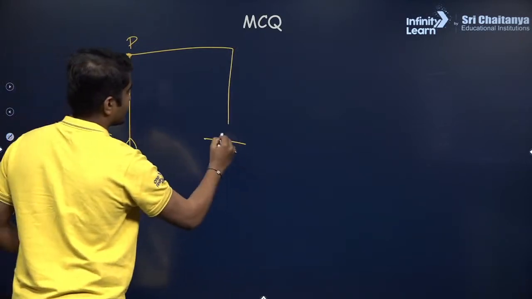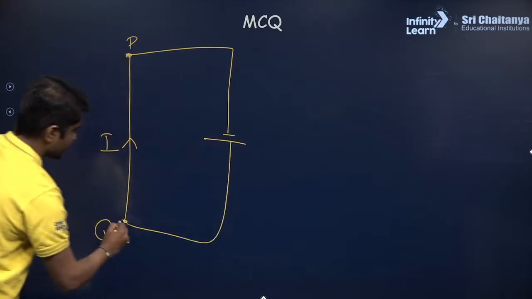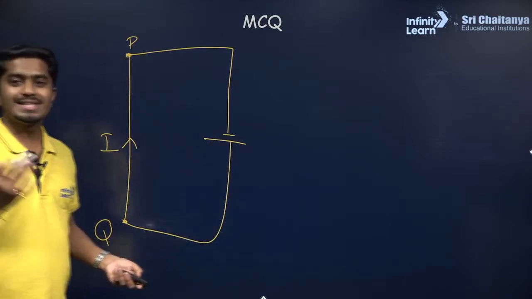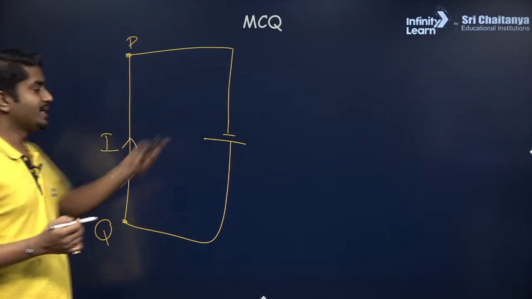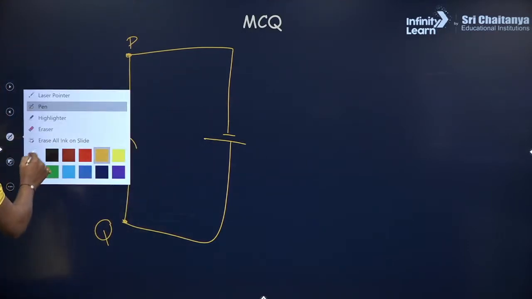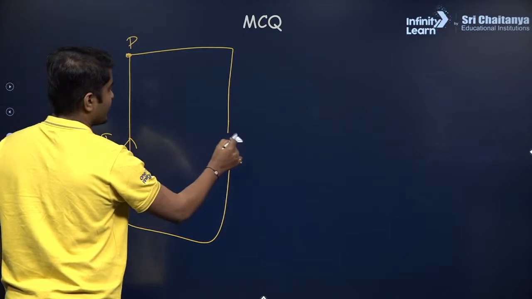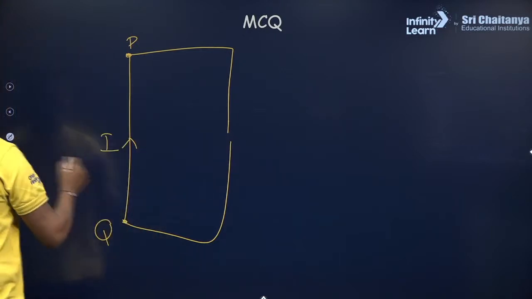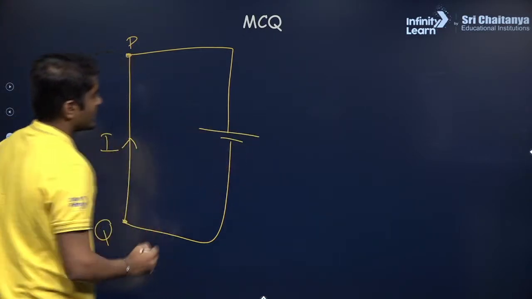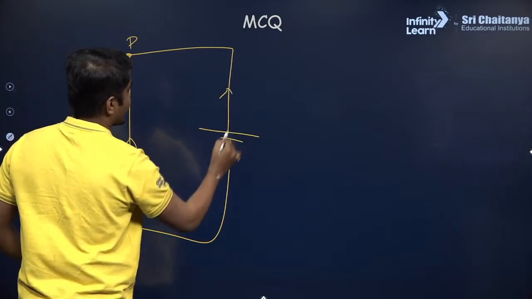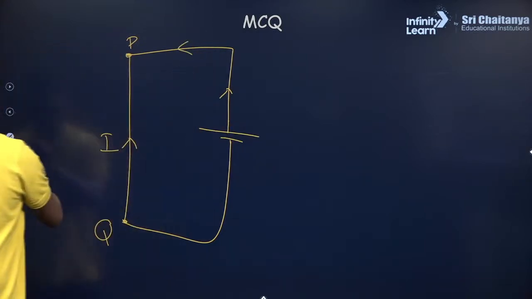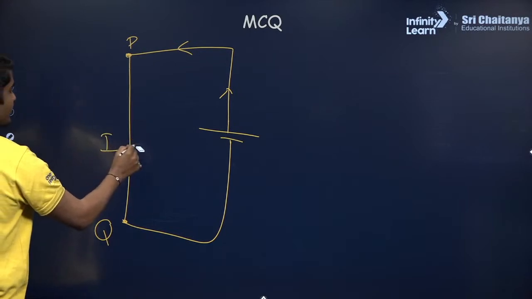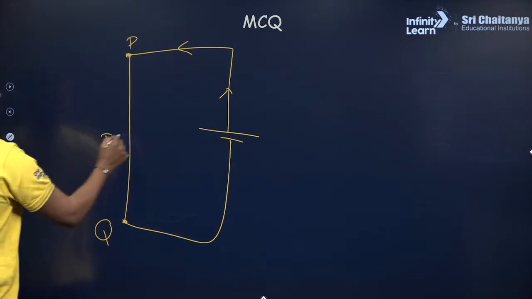So the battery would be something like this. So now the question is saying you reverse the battery. So instead of this, if I reverse the battery, the battery is now like this. So what will happen? The current direction will reverse. So the direction of current here would be going down.